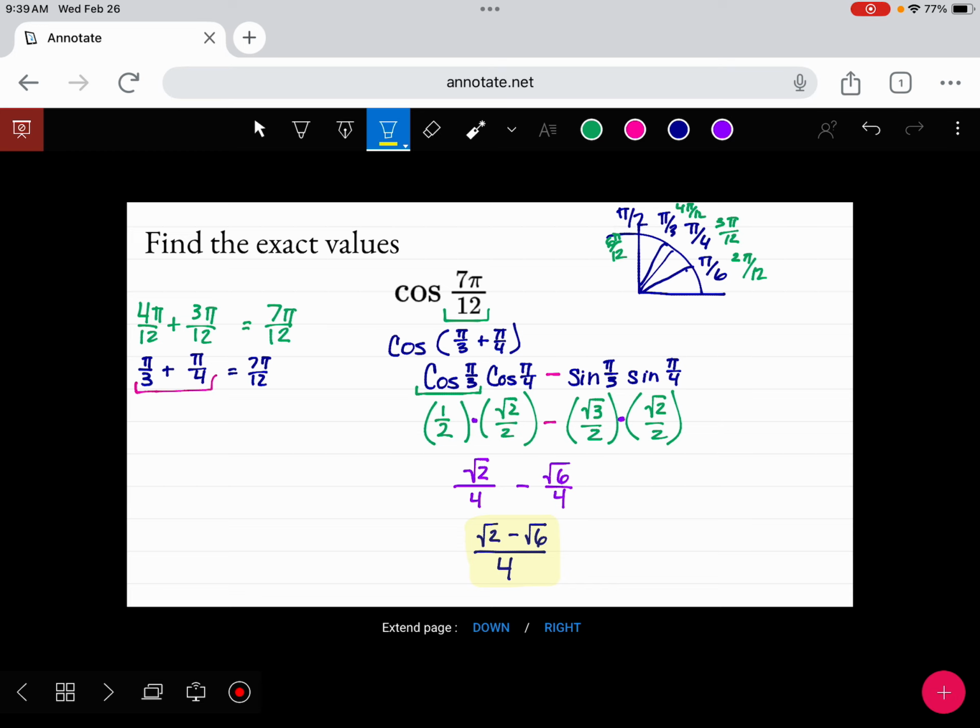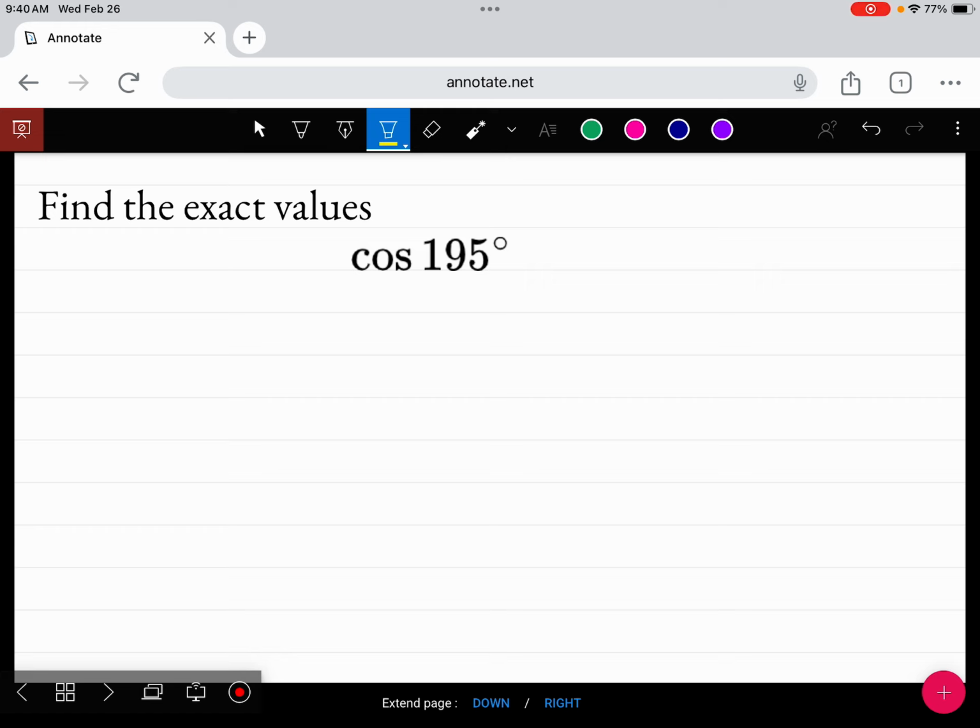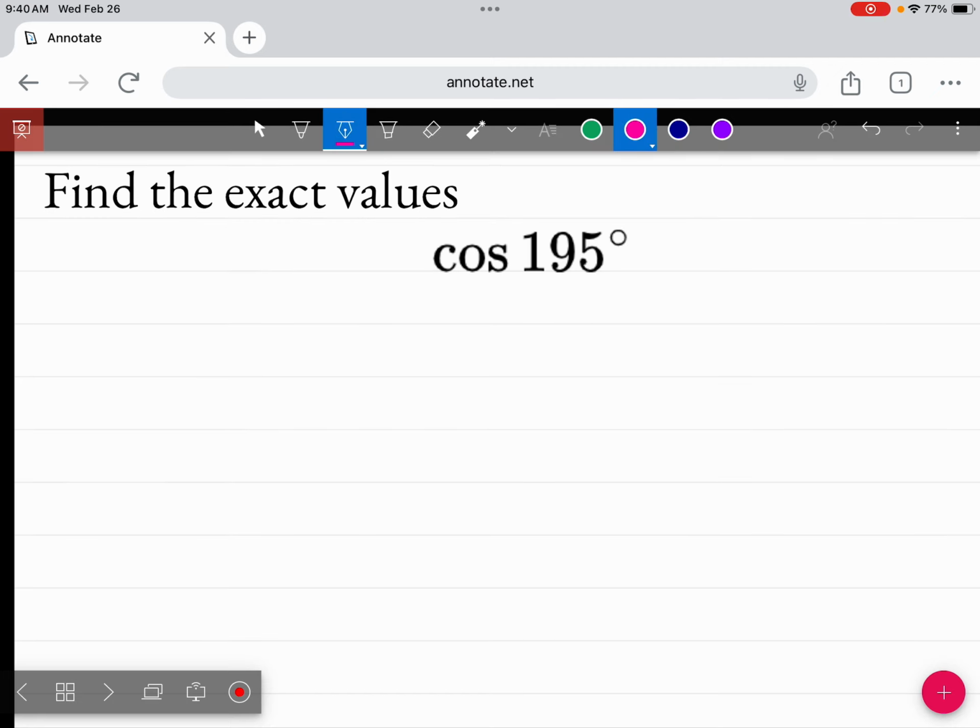I'm going to give us one. It's not just quadrant 1, because sometimes we'll ask bigger angles, like 195. So what we need is some set of angles that we know that will either add or subtract to get to 195.